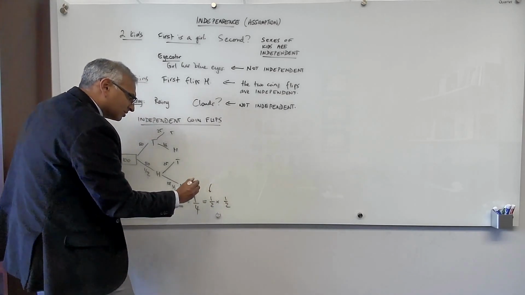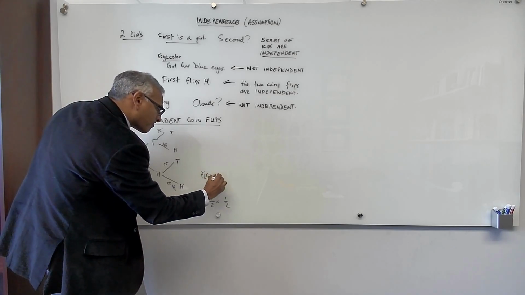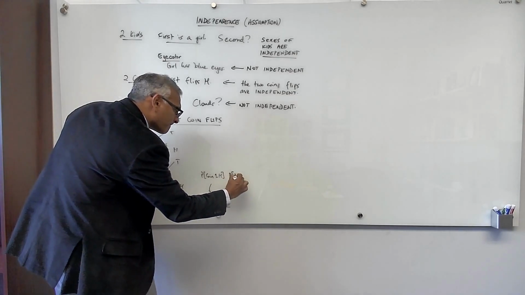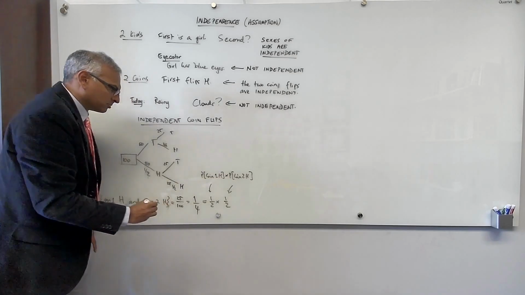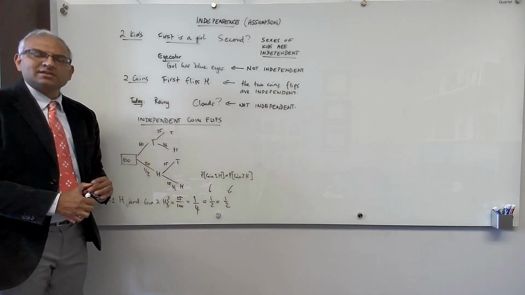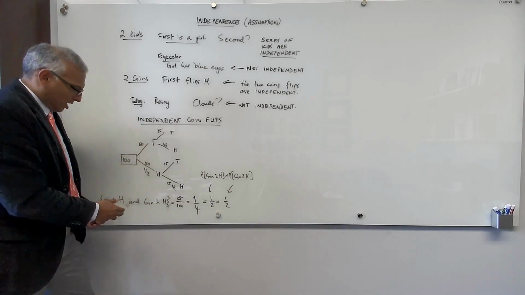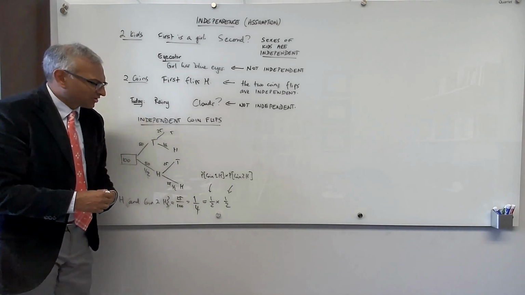But we observe that this is the probability of coin 1 heads, and this is the probability of coin 2 heads. And you're multiplying these two probabilities and you get the probability of coin 1 heads and coin 2 heads. And it turns out that this notion of the and of the two outcomes is key to the mathematical definition of independence.